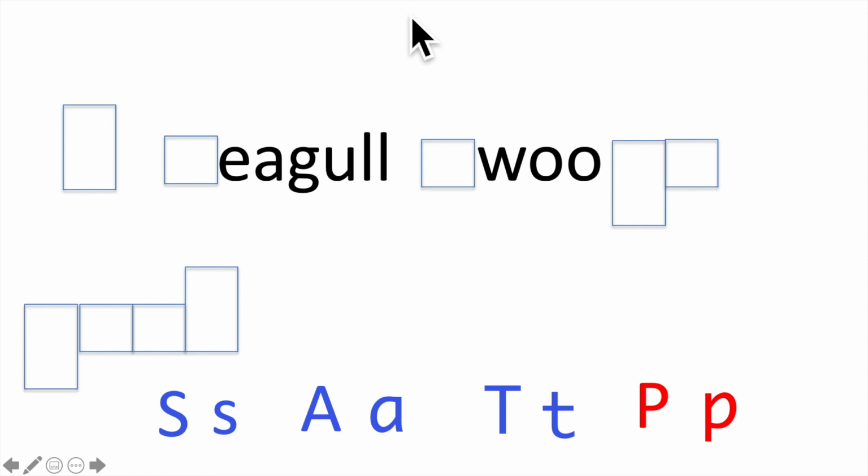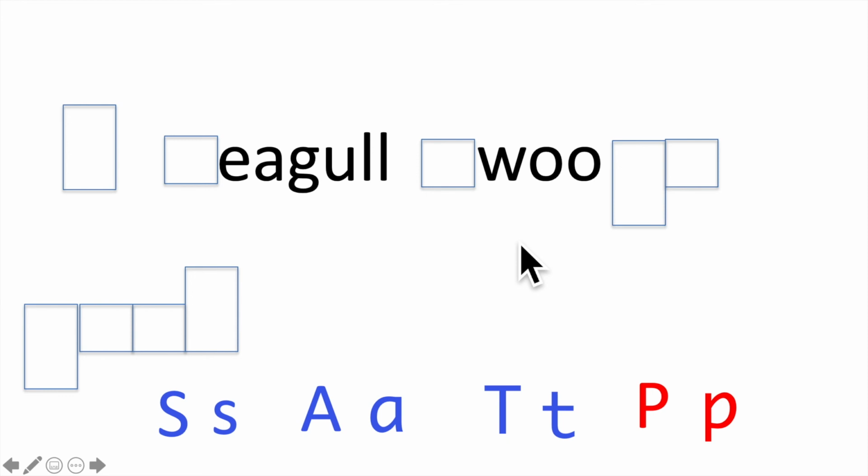A seagull swoops past. There's a whole word here for you to write. So think, which is the sound that dangles below the line? Past. A seagull swoops past.